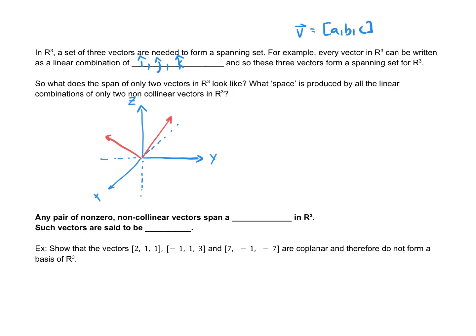I can't form every single vector out of just two. Out of two vectors, I can form any vector on a specific plane. So let's say the vectors I drew are on this plane here. So I can combine those two vectors and form anything on that sheet, that three-dimensional sheet of paper, of space, whatever you want to see it as, but I cannot form any other vector.